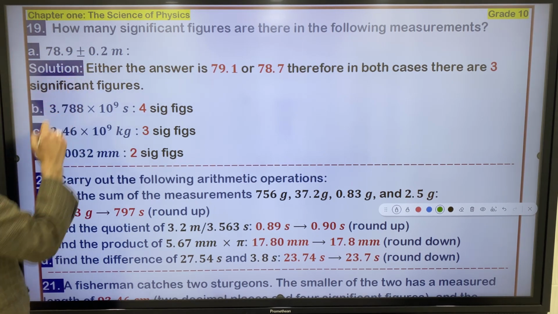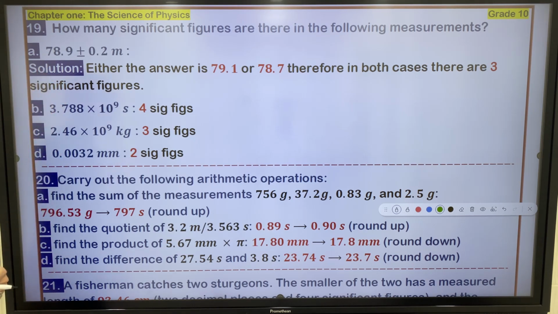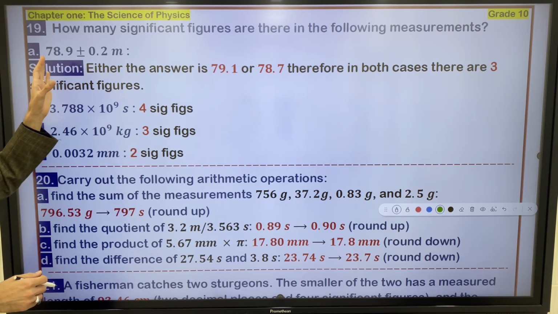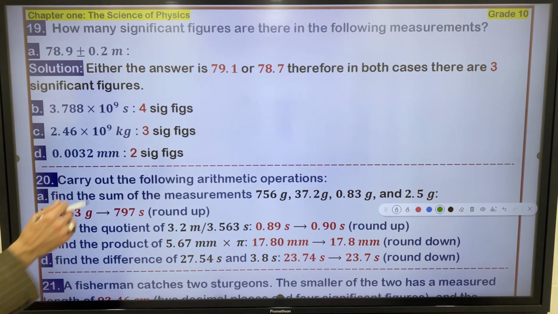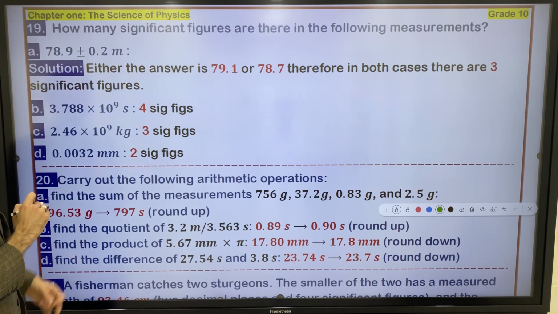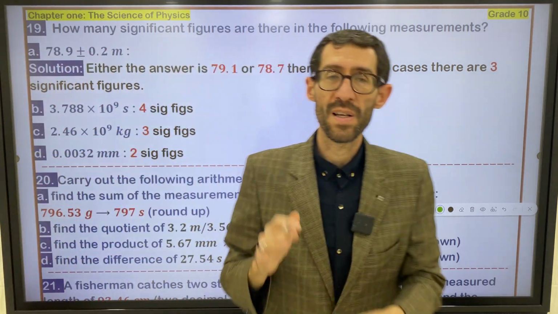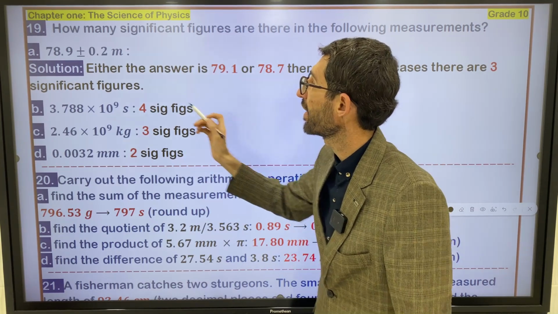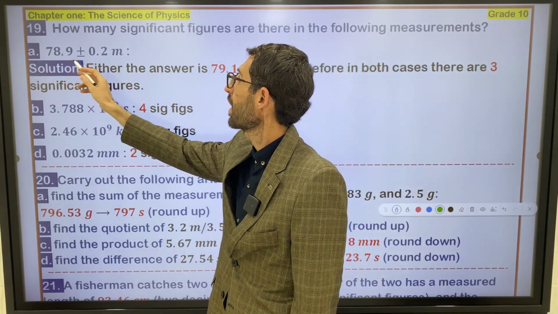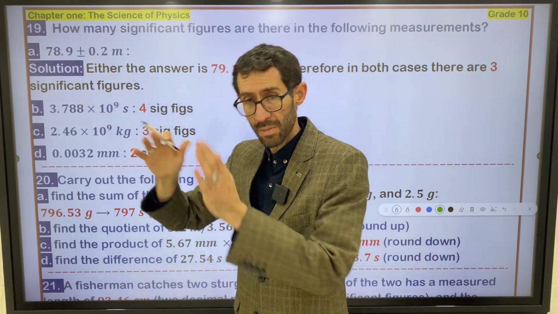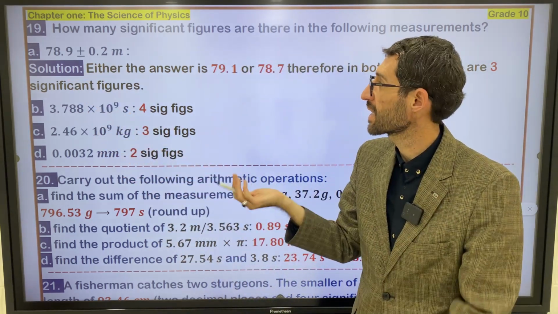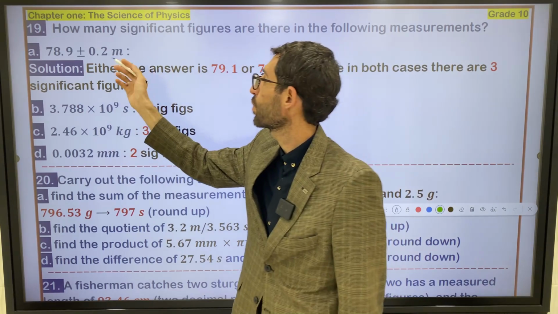Here we have an operation: 78.9 plus or minus 0.2 meters. So here we have 2 possibilities. Either 78.9 plus 0.2, so separate this case.